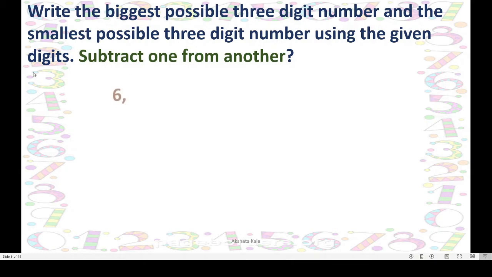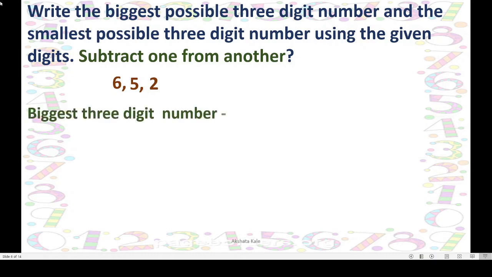See, these 3 digits are given, that is 6, 5 and 2. Now what are we going to do? We are going to find out the biggest possible 3-digit number by using these 3 given digits. We will write here biggest 3-digit number.